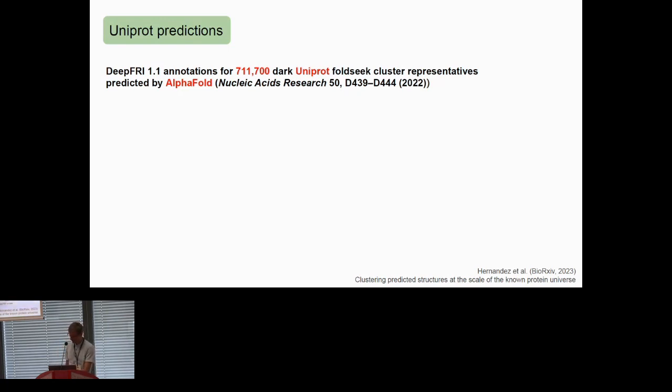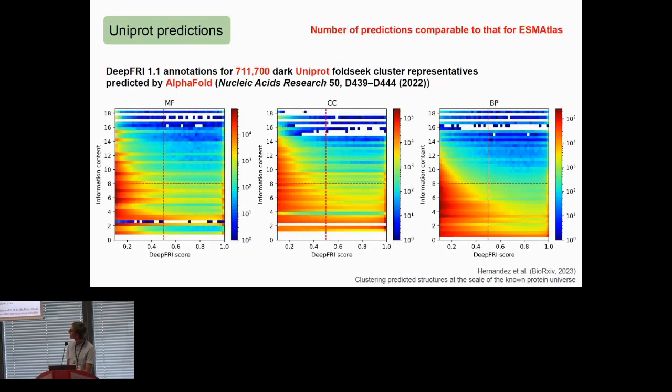And so we have, again, high coverage of GO terms across quite a wide IC range. We have slightly fewer predictions with very high information content, but this is expected because those are simply hard targets.